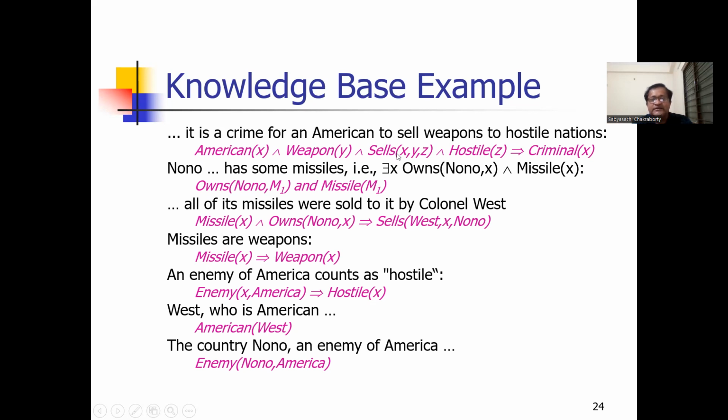And here we have in the left missile and owns. So owns we have in both cases. Now missile is on our left hand side. We have enemy in the left hand side in this particular FOL.